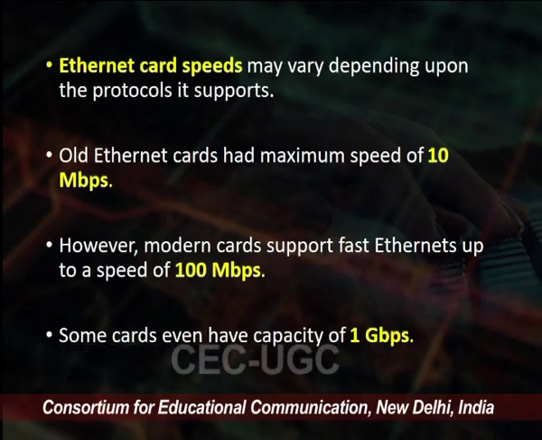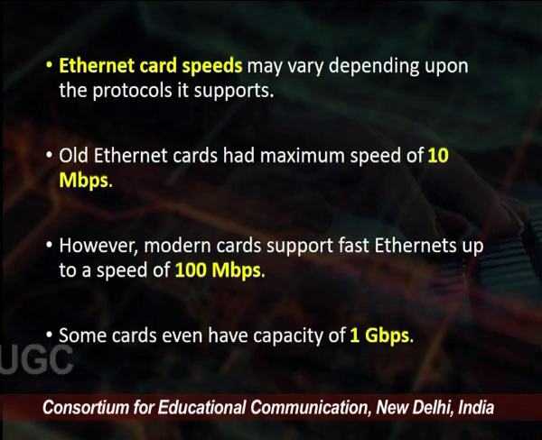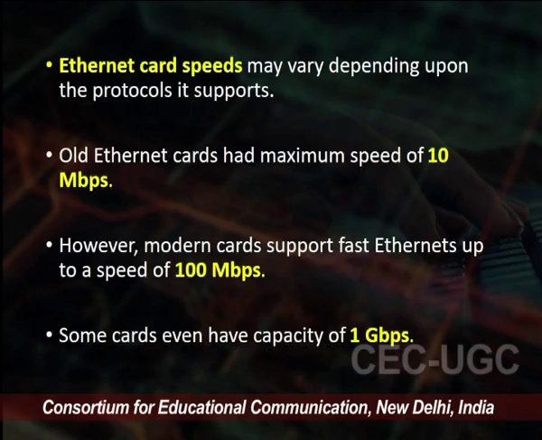Modern cards support fast Ethernet, and they can deliver a speed of, let us say, 100 Mbps, and some more efficient cards can even have the capacity of 1 Gbps. So, capacity varies on the technology which is being used, the modern technology or the legacy technology.